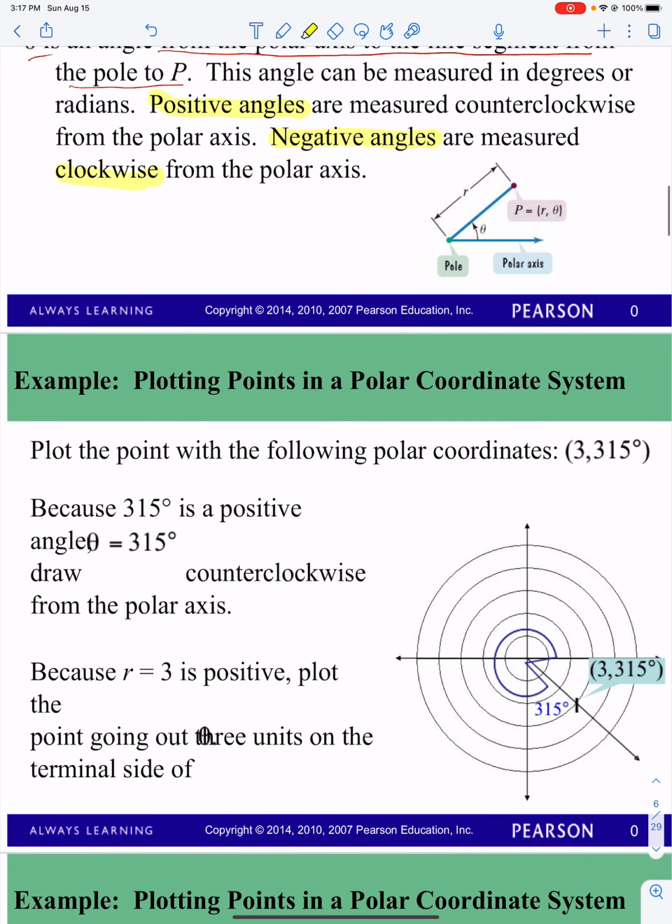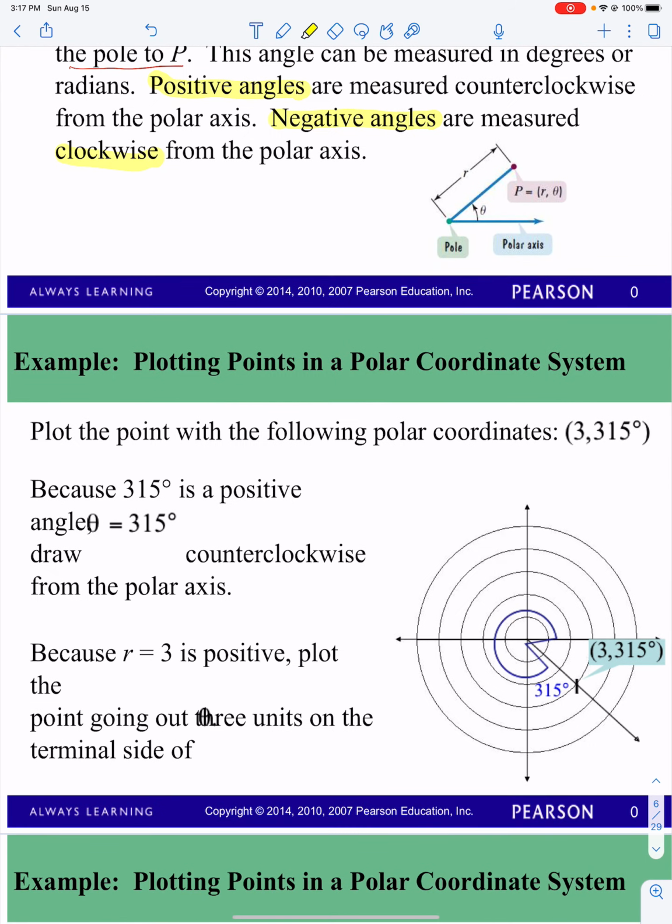So, for example, how could you plot (3, 315 degrees)? What will you do first? First you will find the angle. It's positive, and then you draw the angle 315 degrees right here, and the ray goes forever, but then you want r equal to 3.